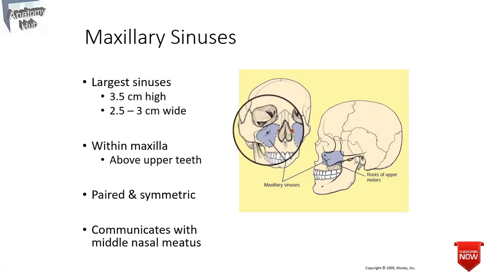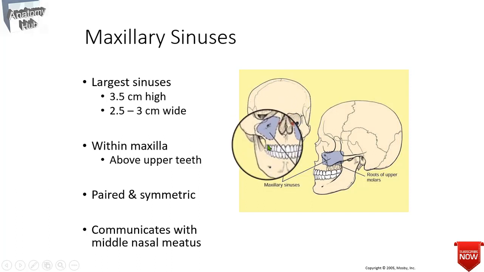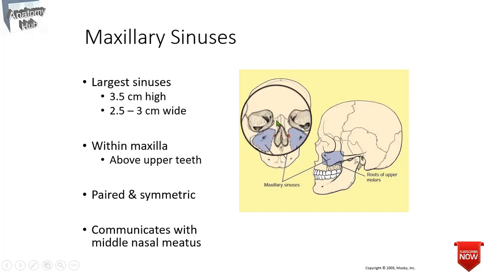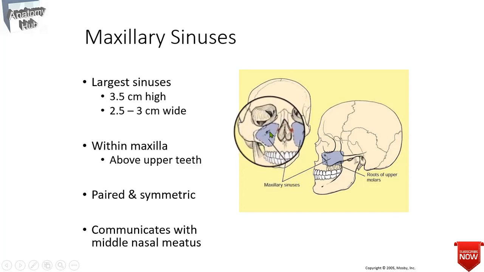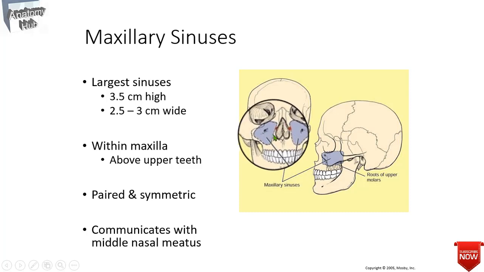So the lymphatic drainage of the sinus is actually to the submandibular nodes, and the nerve supply to the sinus will be the infraorbital nerve and the anterior, middle and posterior superior alveolar nerves, that is a branch of your maxillary nerve.